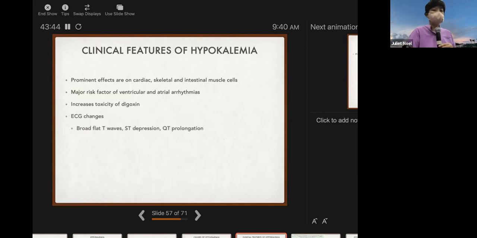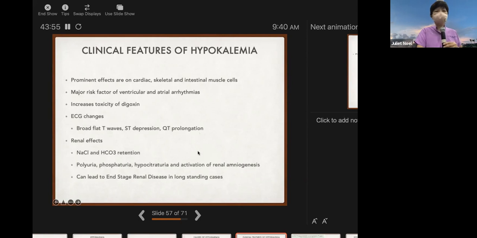ECG changes would be low T wave, ST depression, and prolongation of the QT interval. Renal effects: sodium chloride or bicarbonate retention, polyuria, phosphaturia, hypocitraturia, and activation of ammoniagenesis.